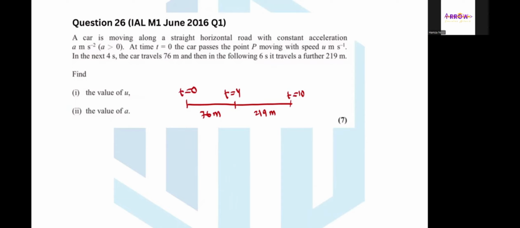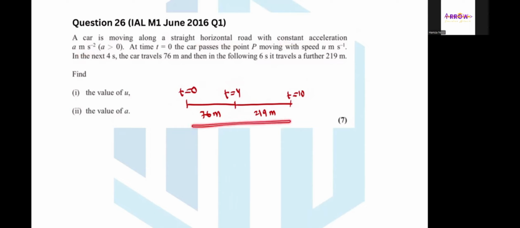What we can do here is consider two journeys. Throughout this horizontal track, the acceleration will be the same, because the car is moving along a straight horizontal road with constant acceleration a. Here you have 3 points: t equals 0, t equals 4, and t equals 10.